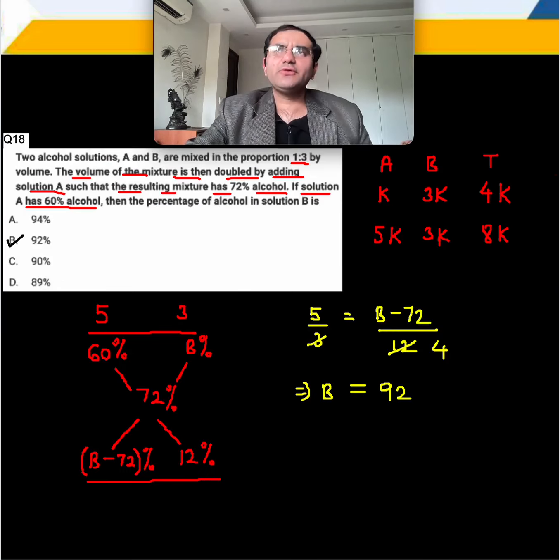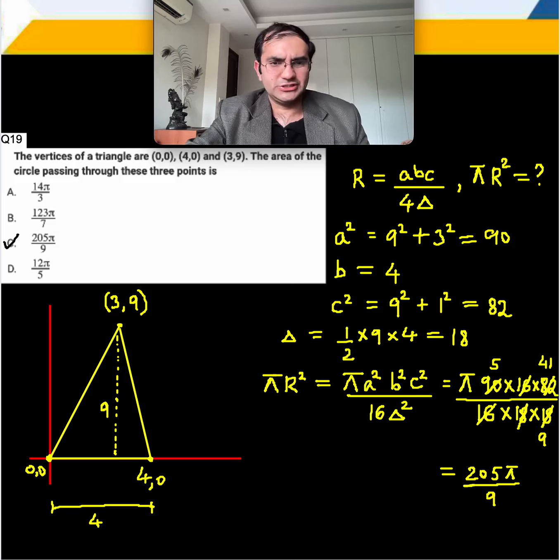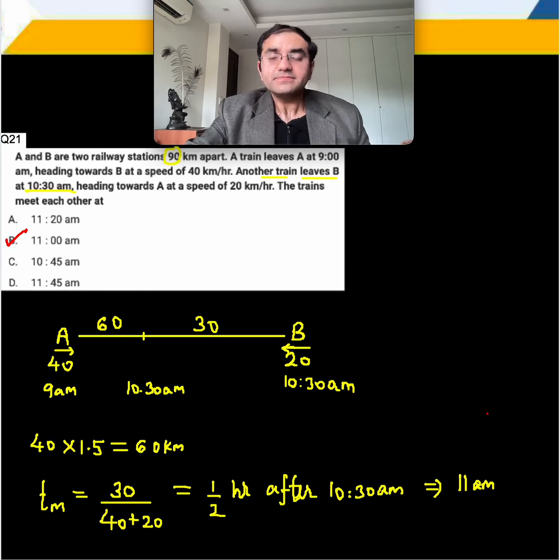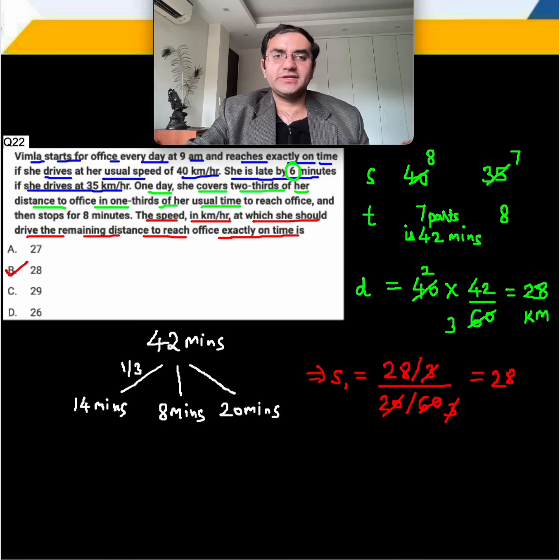So I'm trying to find really, really easy questions. 19th was very, very direct. You just needed to know the formula for the circumradius. 20th was direct SI CI, CI in fact. 21st was also direct based upon relative speed.